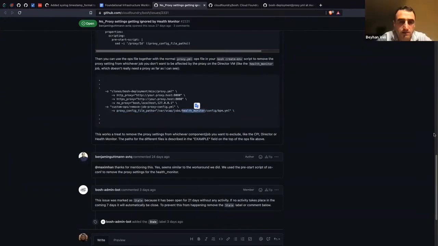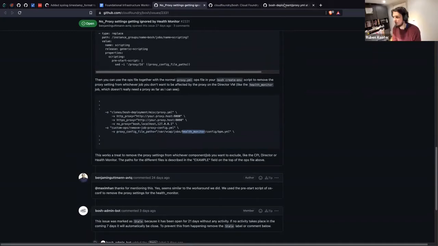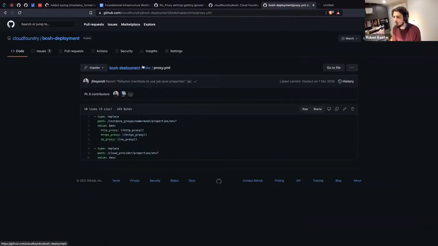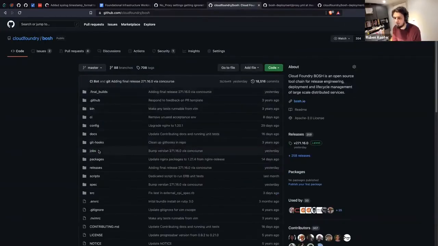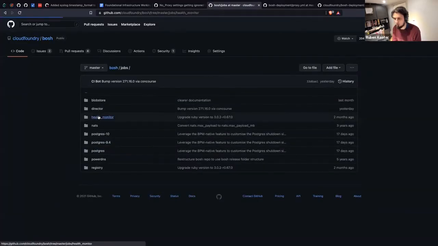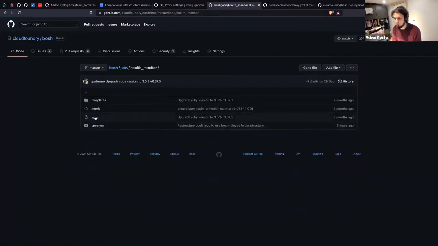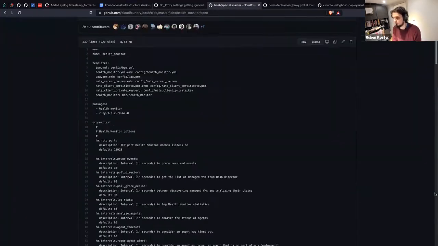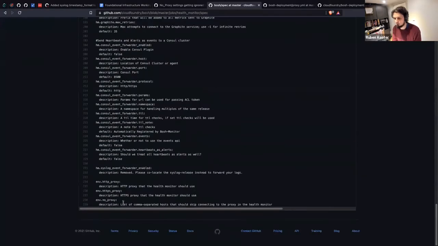Correct, right? Yeah. The problem is that the health monitor picks it up. If you look here in the jobs, the Bosh health monitor spec, all the jobs use the same properties. They are not scoped.